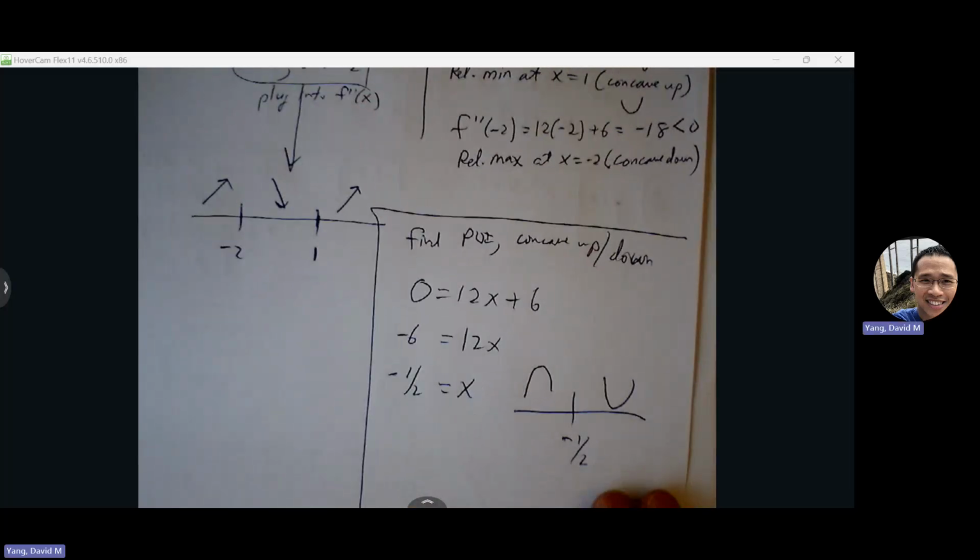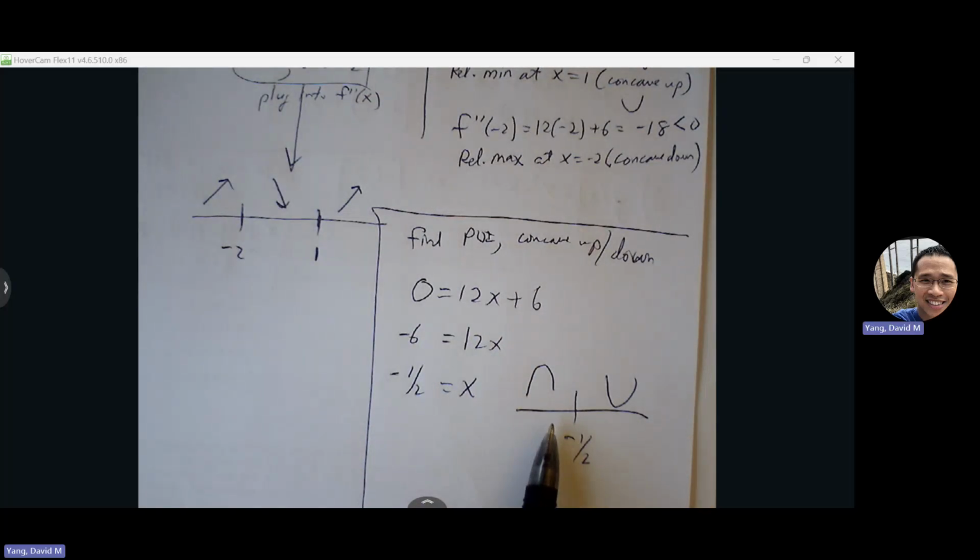So if that's the problem, then you would say point of inflection is at -1/2. Here's my interval of concave down. Here's my interval of concave up. Okay.